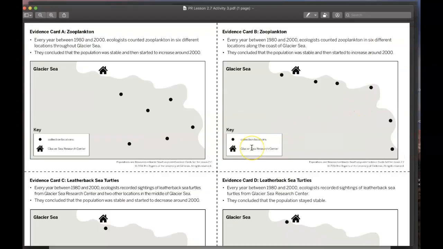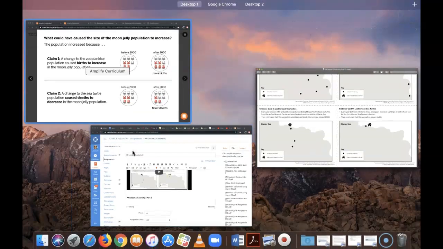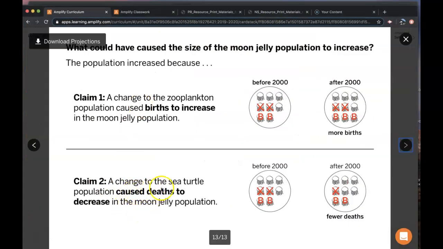If we look at card C, it says that after 2000 the population started to decrease. So when you did your model, a smaller sea turtle population would require fewer energy storage molecules, so the sea turtles would eat fewer jellies, resulting in fewer jelly deaths. So evidence card C supports the sea turtle population going down, which causes deaths to decrease in the moon jellies, so then now we have fewer deaths.